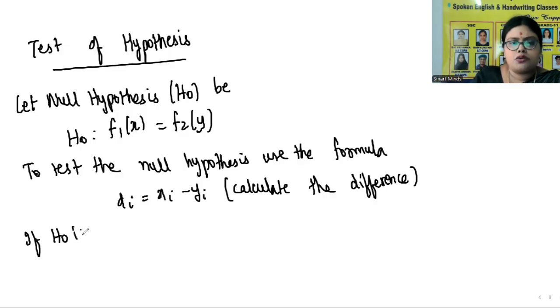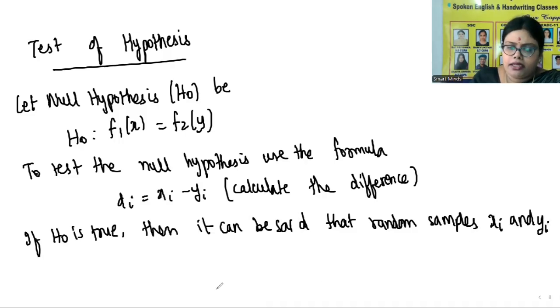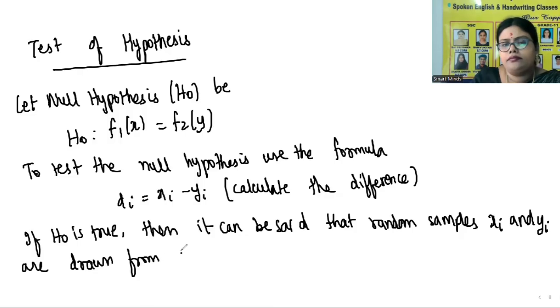If H0 is true, then it can be said that the random samples xi and yi are drawn from the same population of size 2.